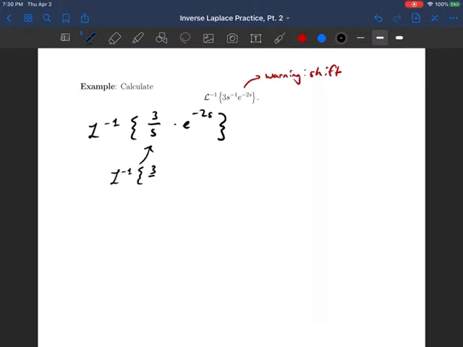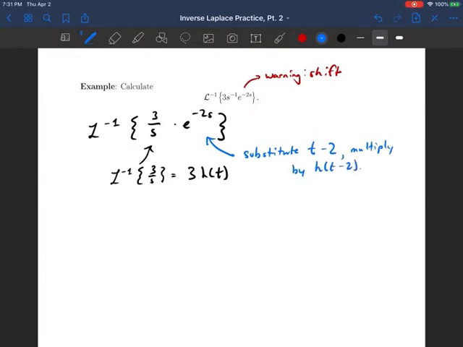So now let's try and recognize what we have here. First of all, we know that the inverse Laplace transform of this is 3 times the Heaviside function, step function h of t. And then this factor, from the shift theorem, should be telling us to substitute t minus 2 and multiply by h of t minus 2, the Heaviside function again.